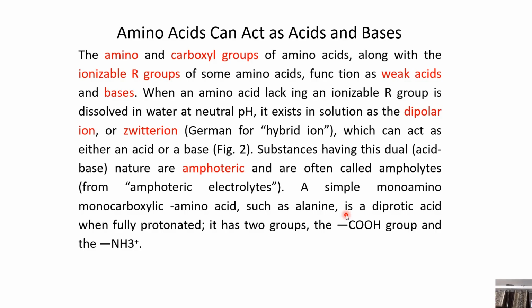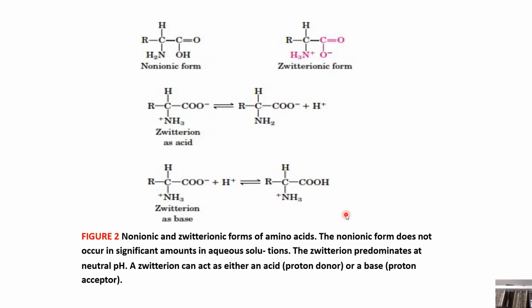Which can act either as a base or as an acid. Substances having this dual acid-base nature are known as amphoteric and are often called ampholytes, from amphoteric electrolytes. A simple monoamino monocarboxylic amino acid such as alanine is a diprotic acid when fully protonated. It has two groups, the COOH group and the NH3.